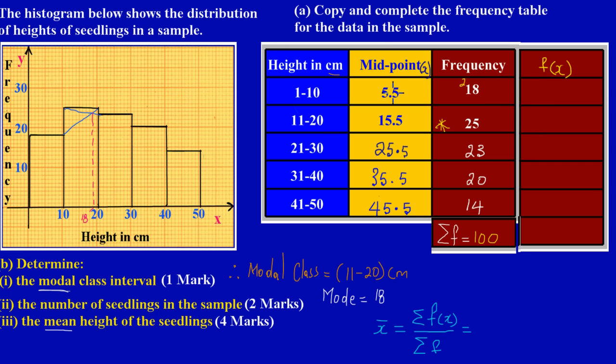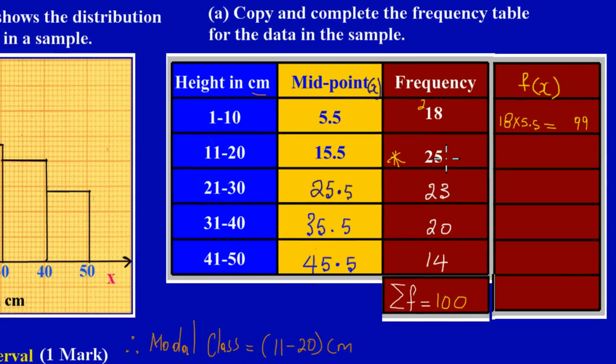My f is 18 in the first row. So I would say 18 multiplied by my midpoint, which is x in that row, 5.5, and that would be equal to 99. Okay, guys? So that's a 99 there. Now I'm just going to continue that trend.